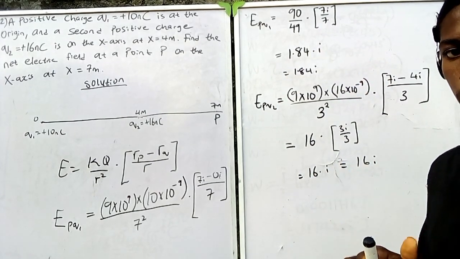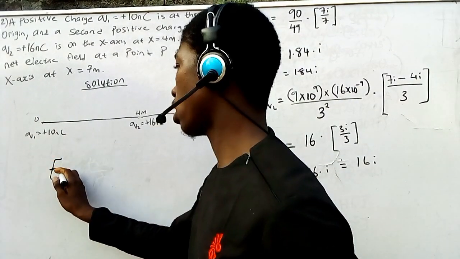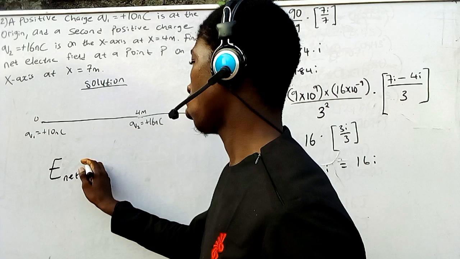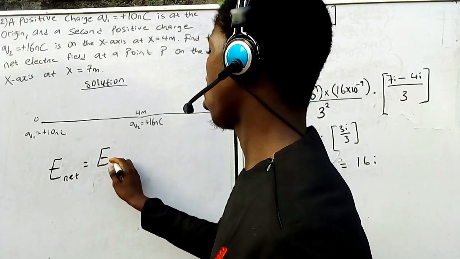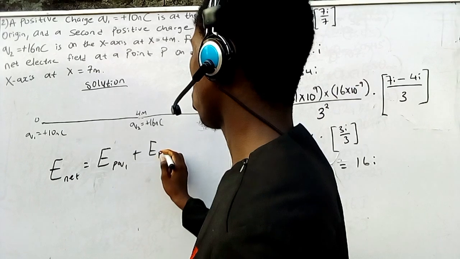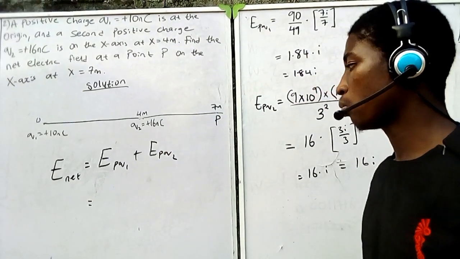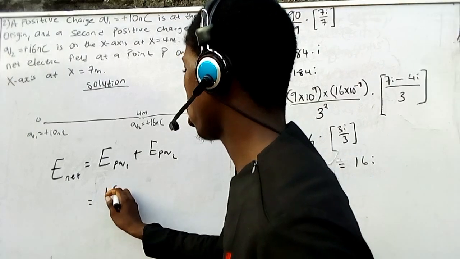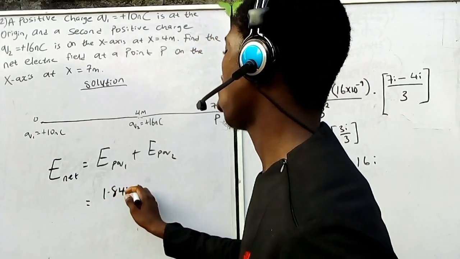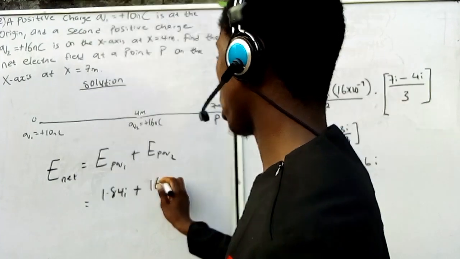You add them up, and what will you get? Now let's solve it. The net electric field will be E_PQ1 plus E_PQ2. What is the electric field that P felt from Q1? 1.84i, right? What is the electric field that P felt from Q2? 16i.